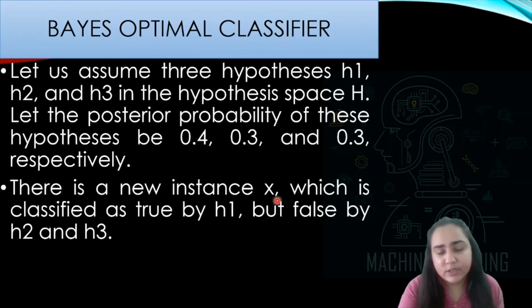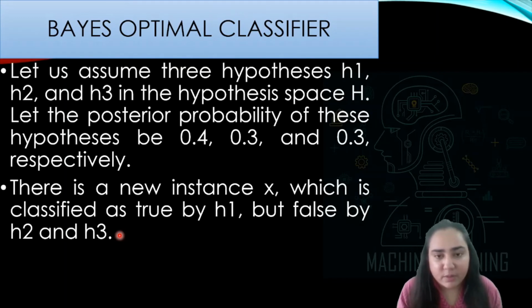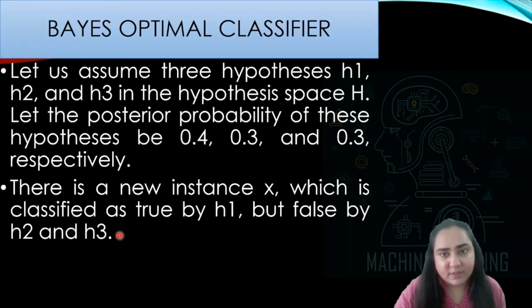Now there is a new instance X, which is classified as true by H1, but false by H2 and H3. So you are introducing some training data, and in that data, you're introducing a new value X, and H1 classifies it as true, but H2 and H3, your other 2 hypotheses, classify it as false.